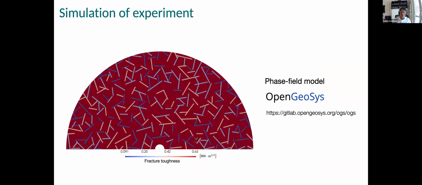In this simulation, we consider that this granite sample has some weak interfaces, which correspond to grain boundaries. At the grain boundaries, we assigned lower fracture toughness and also a high Biot coefficient of 0.9.